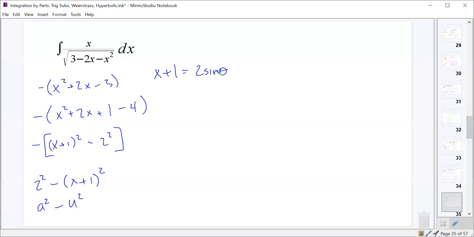And we're choosing sine theta because it's like a squared minus u squared. Everybody good with that? And what does dx equal? Dx ought to be 2 cosine theta d theta.